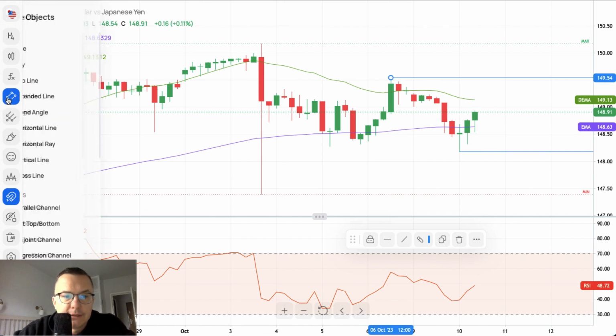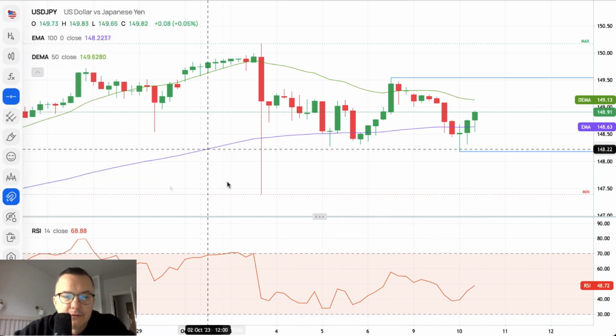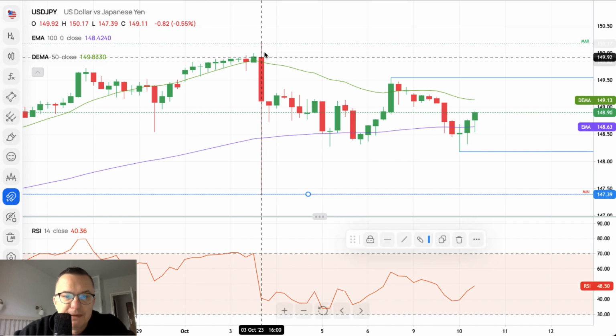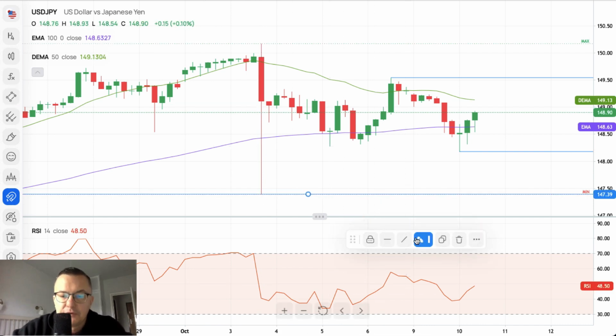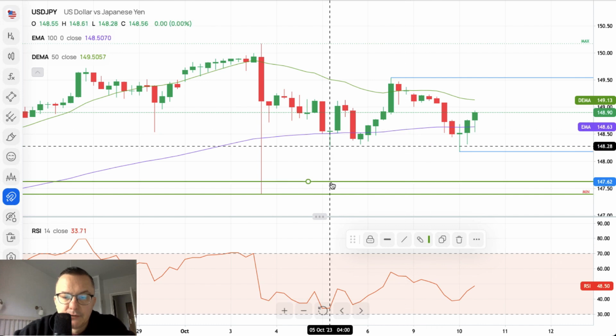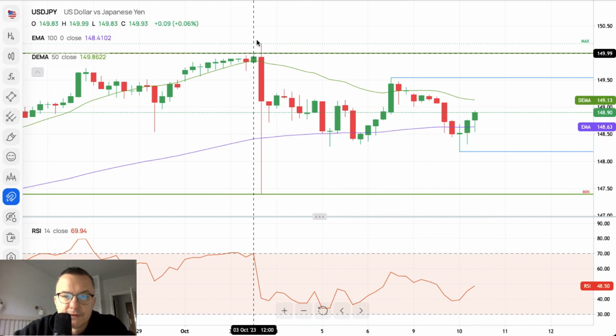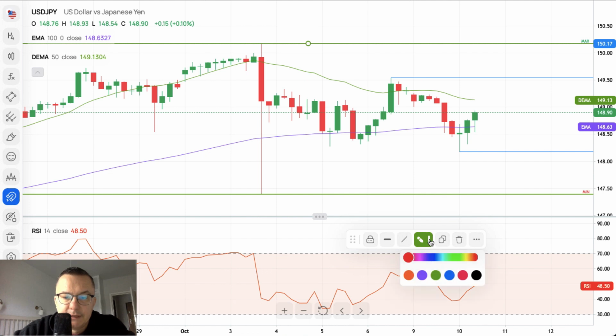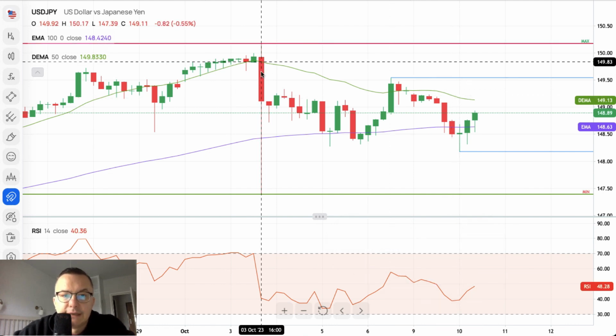And as you can see, we are most likely heading towards this level here, 149.54. The big and very much visible pin bar here is our point of reference, our level, and a kind of market behavior as well that will guide us through the next few sessions, because as you can see, it is very wide. The high is at the level of 150.17 and the low is 147.39.